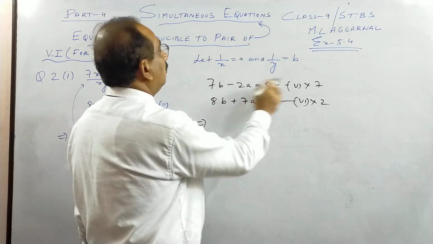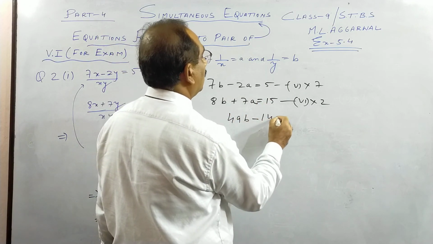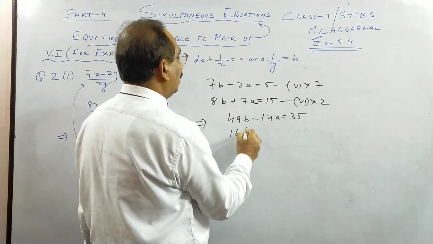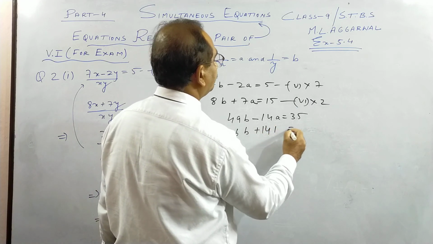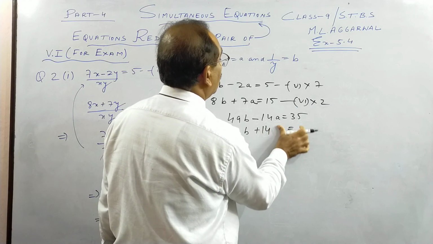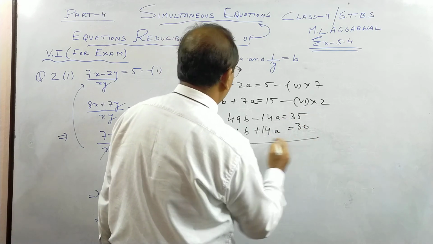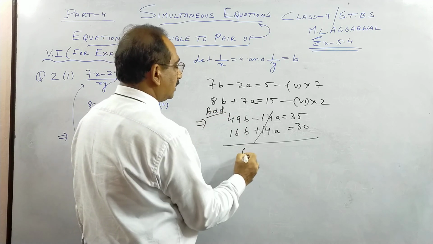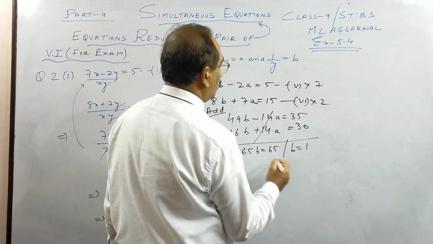So this becomes 7 7s are 49b minus 14a is equal to 35. This will become 16b plus 14a is 30. So what do we get, children? This cancels, you add, we get 65b is equal to 65, b is equal to 1.